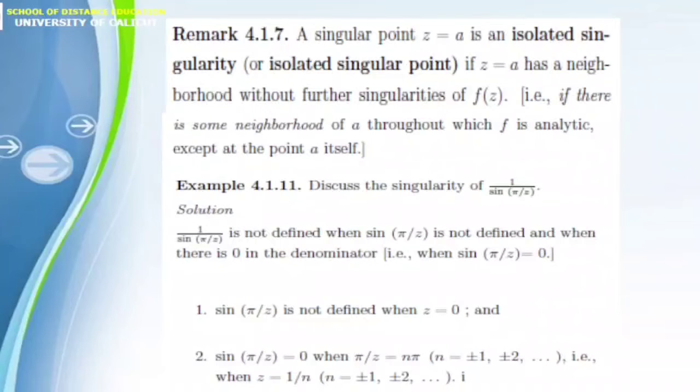So when z is equal to 1 by n, the function 1 by sine pi by z is not defined, is not analytic. So these z equal to 1 by n values, where n is equal to plus or minus 1, plus or minus 2, etc., are the singularities of the function 1 by sine pi by z. Are all these isolated singularities?